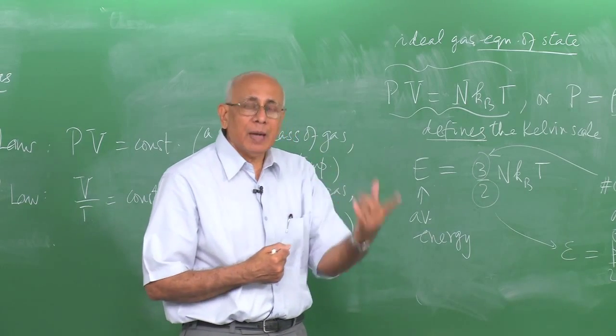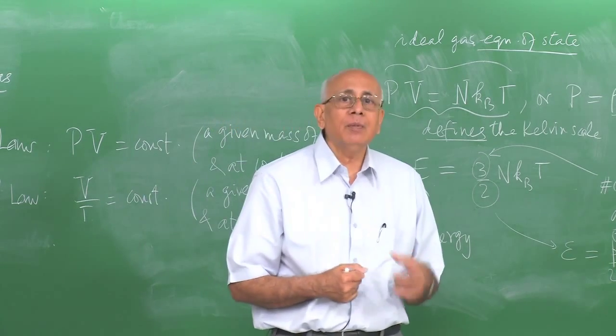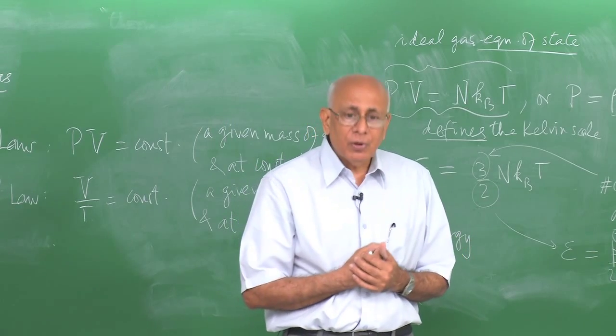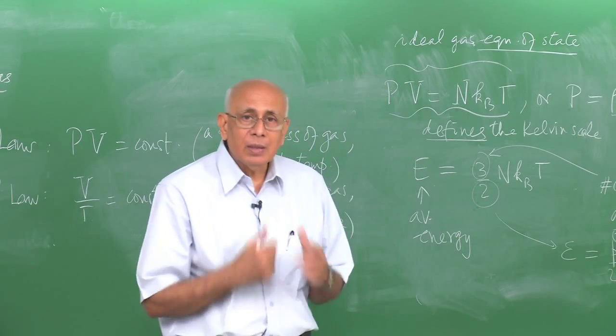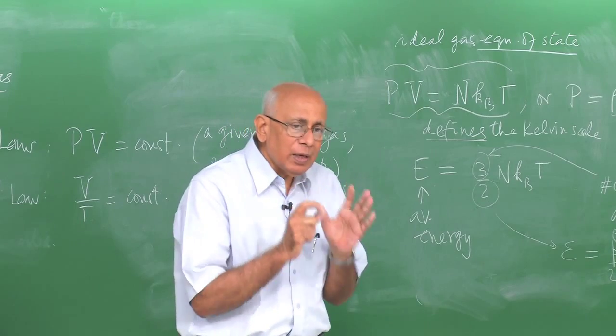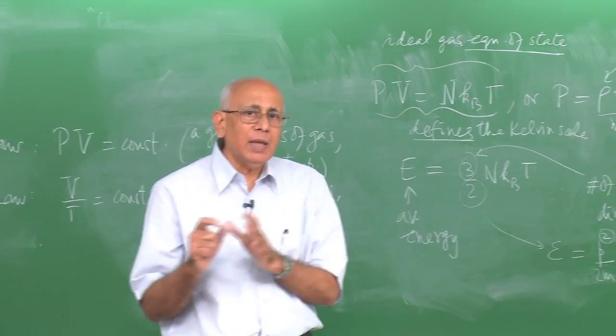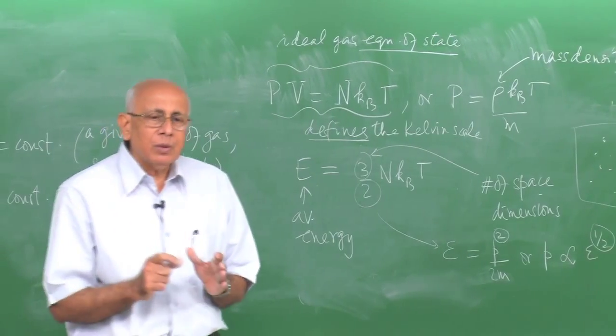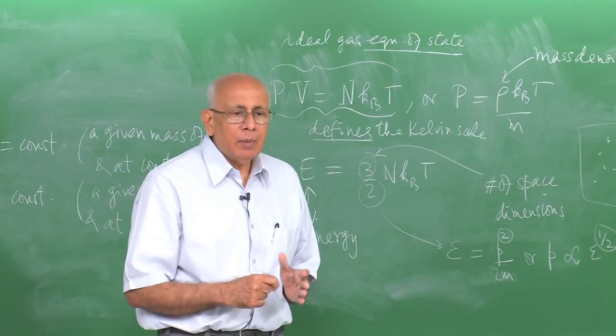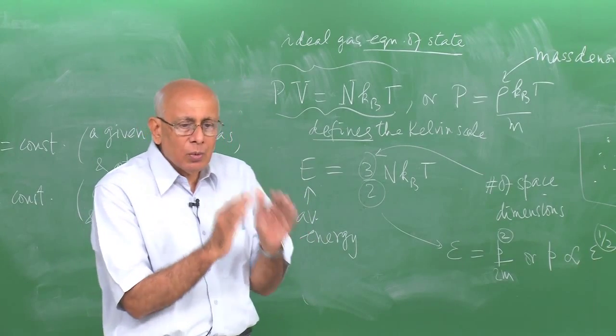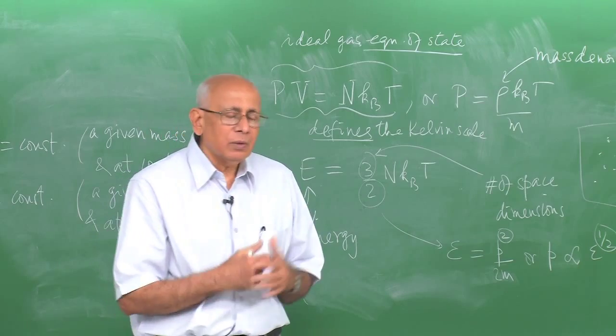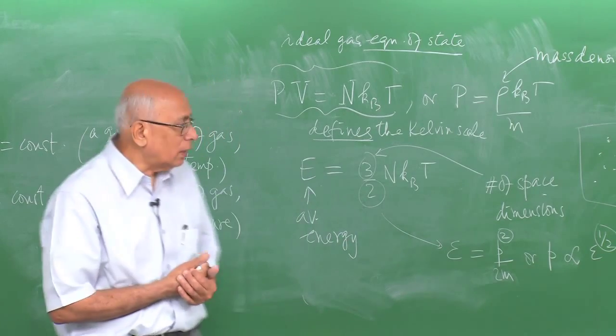It is an input parameter. The specific heats are always input parameters, and the reason for it is a very deep one. It is because the specific heat is related not to the average energy but to the variance of this energy, namely the mean square minus the square of the mean, or the variance or standard deviation of the energy.